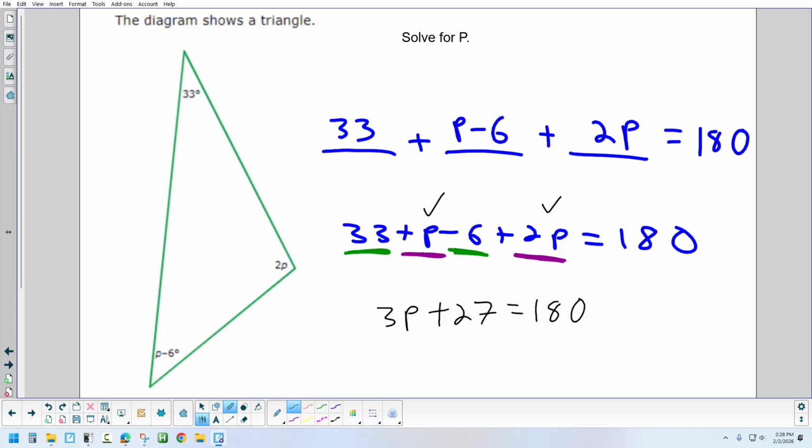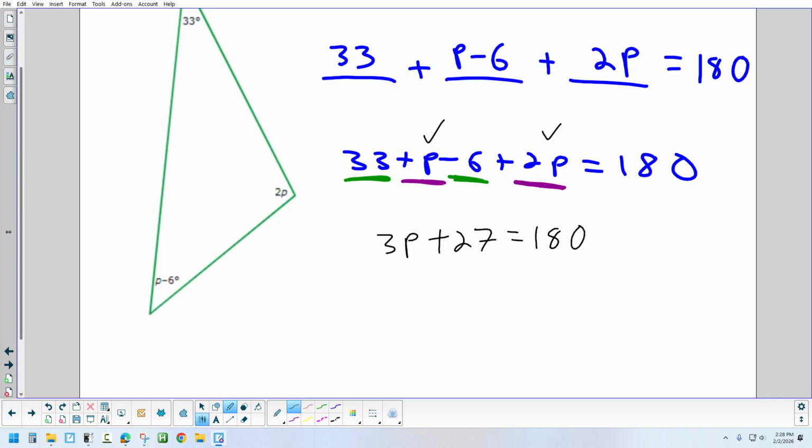Okay, we've got 2 steps left to finish it up. What's my second to last step? Subtract 27. Yep, subtract 27. And what happens with 27 minus 27? That cancels. What's still on the left side? 3p. That's still there.